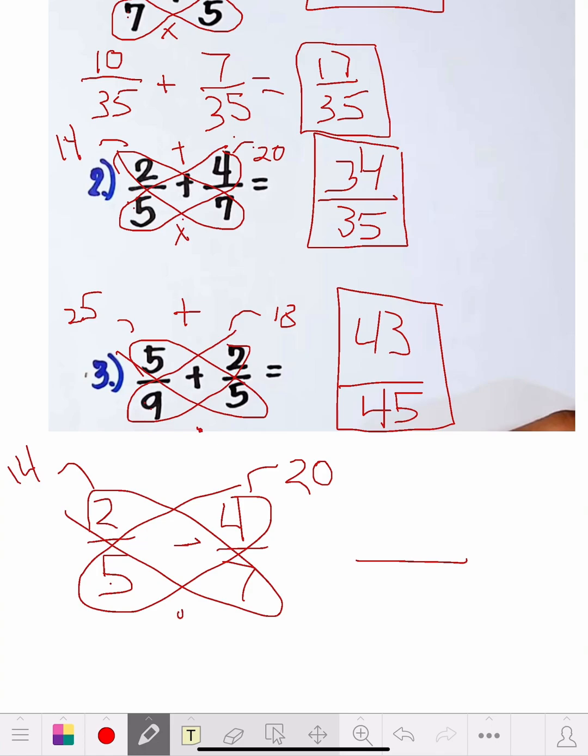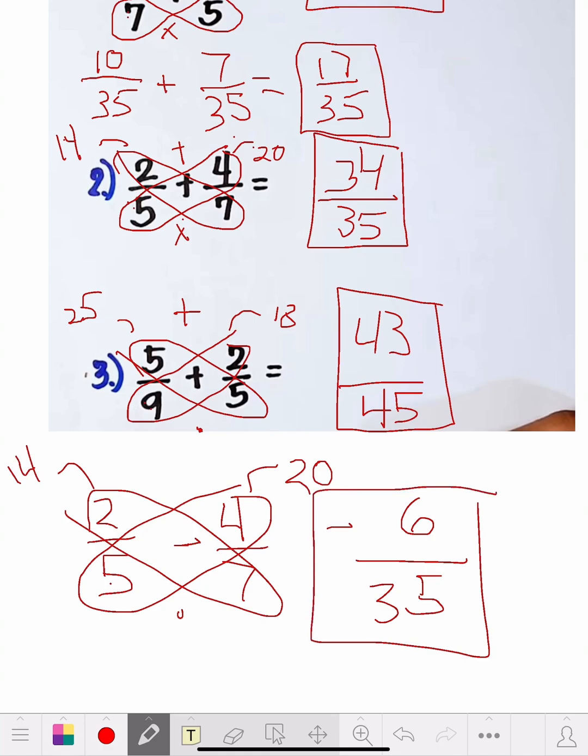This time the bottom is 35. Now we've got 14 minus 20. What would that be? I think it's negative 6. So our answer is negative 6/35. That worked out pretty neat because we were able to do a negative number too. I should have carried the little minus sign up so you could see it.